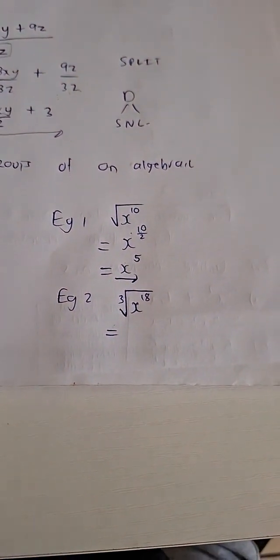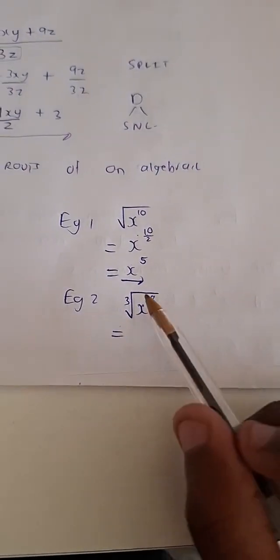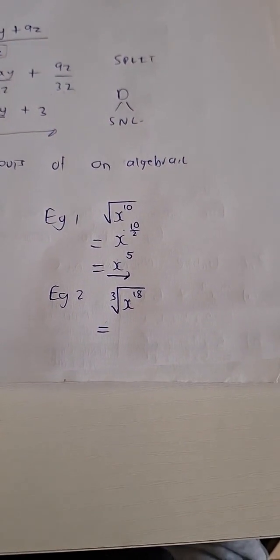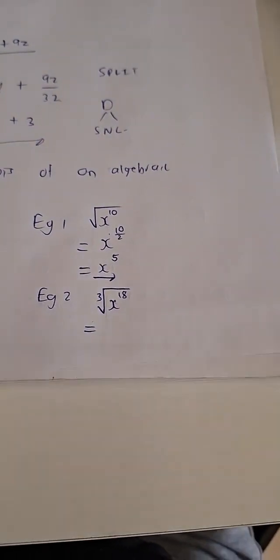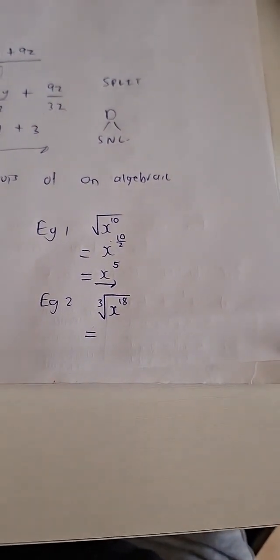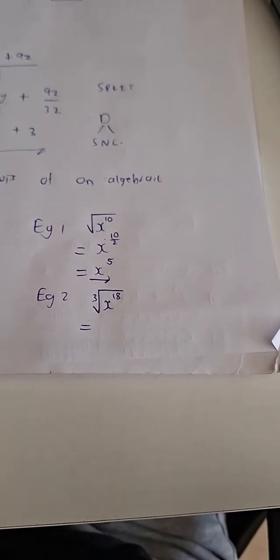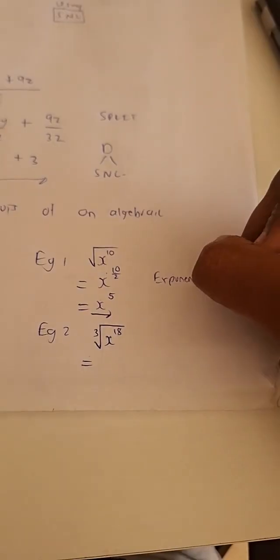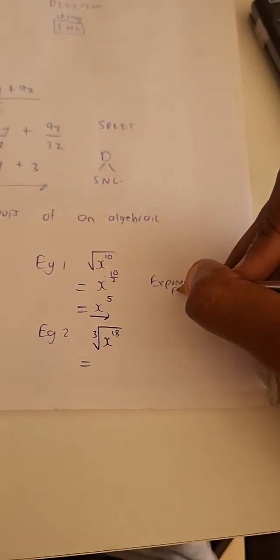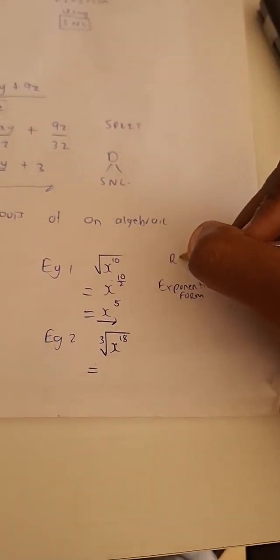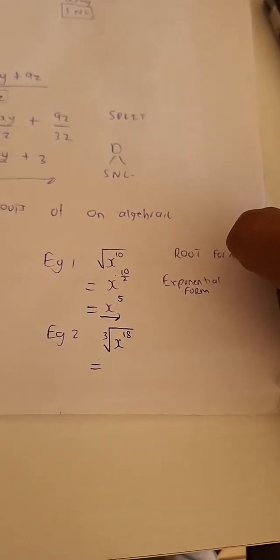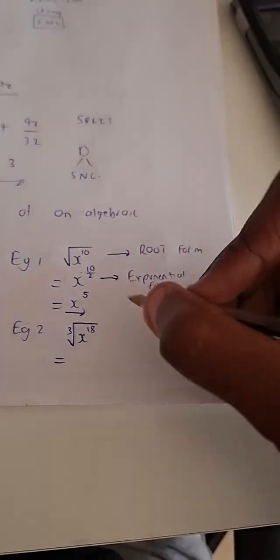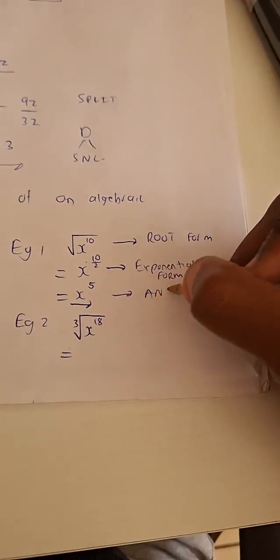We can write this in exponential form first, then write the final answer: converting the root to exponential form, then from exponential form, simplifying it. So this goes from root form to exponential form to the answer.